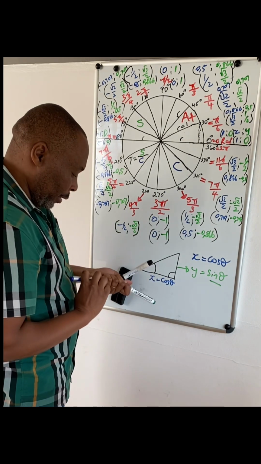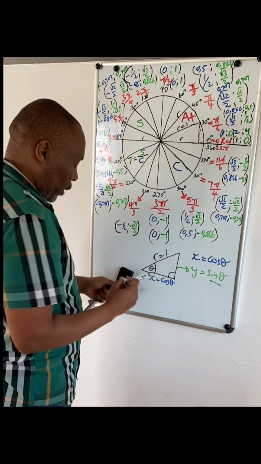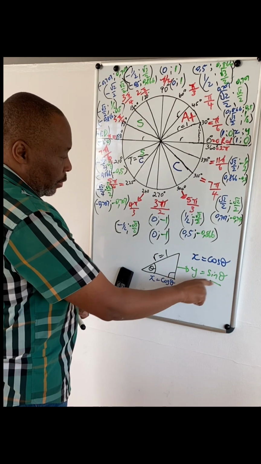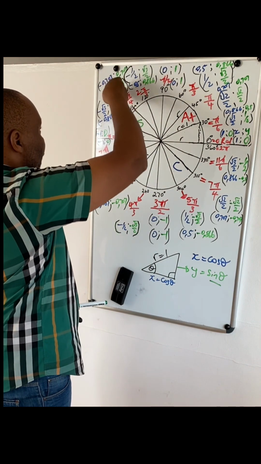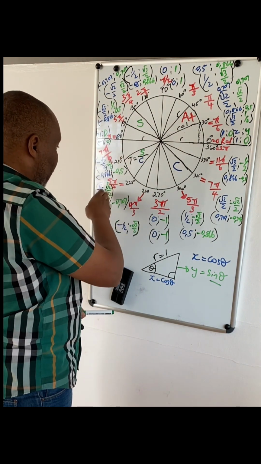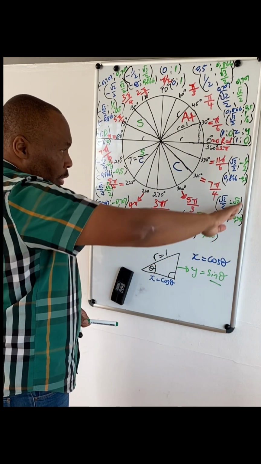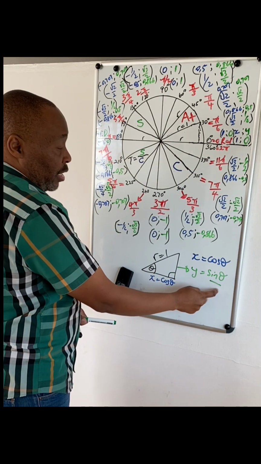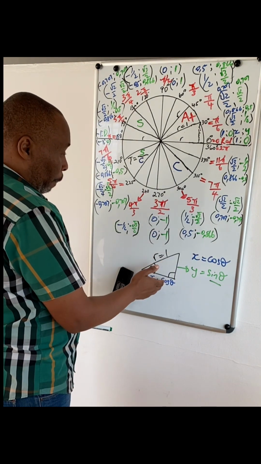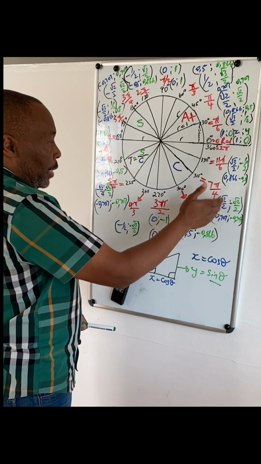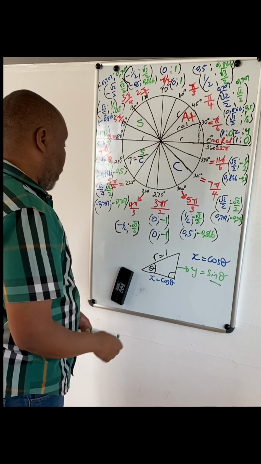That's if our angle is here, and this would be our hypotenuse, r. All the y values, which are written in green here, the green numbers, are representative of sine theta, and all the x values represent the cos of that particular angle.